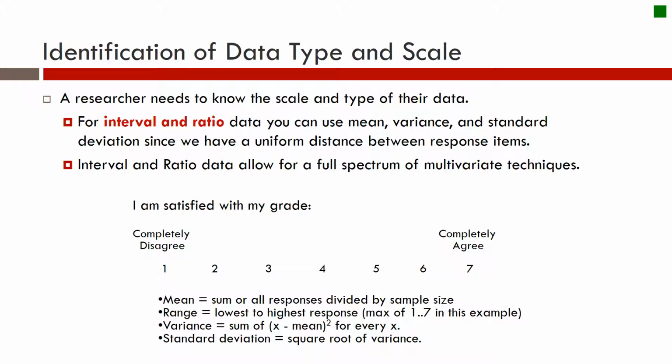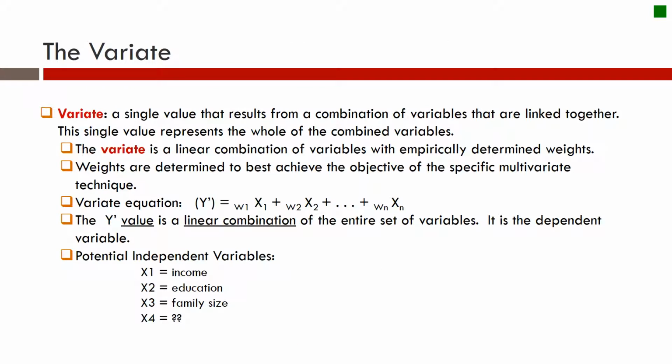We can do practically everything we want to do statistically to our data when we have interval and ratio data. So we can do averages, and regression, and all of that type of stuff. That's important to remember and recognize.